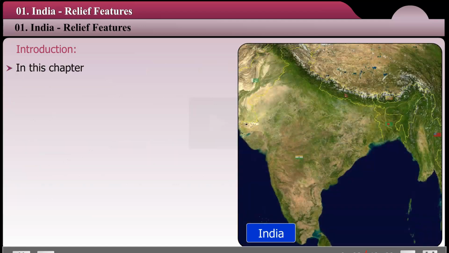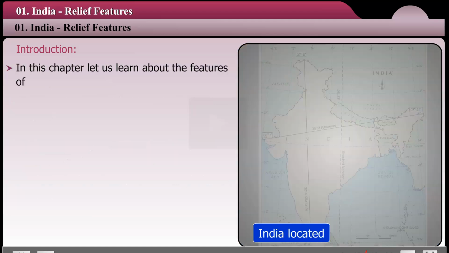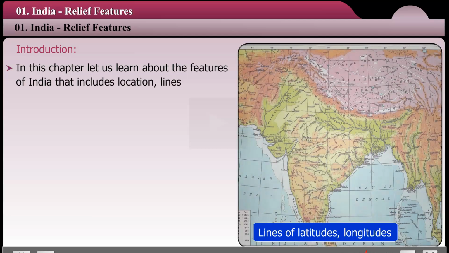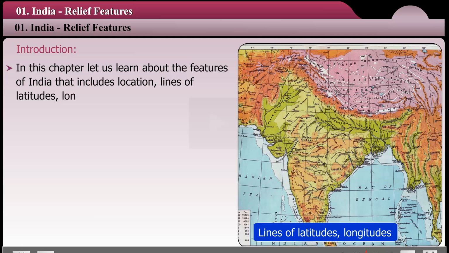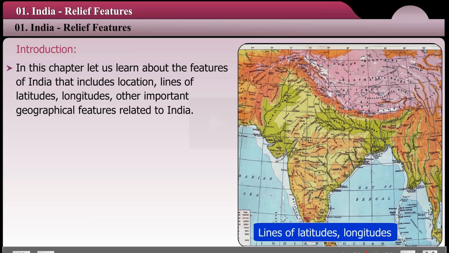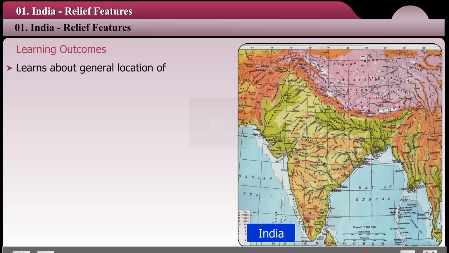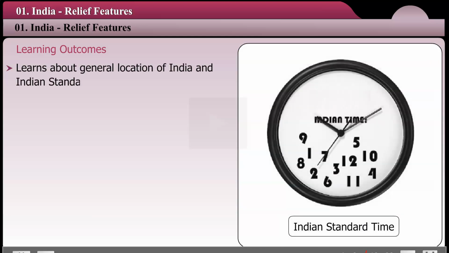In this chapter, let us learn about the features of India that include location, lines of latitudes, longitudes, and other important geographical features related to India. Learning outcomes. Learns about the general location of India and Indian Standard Time.